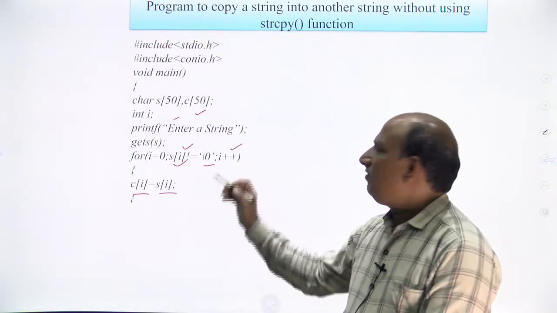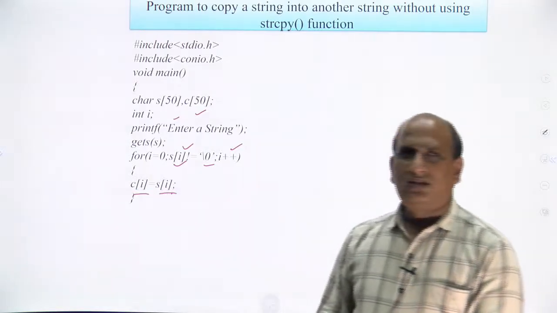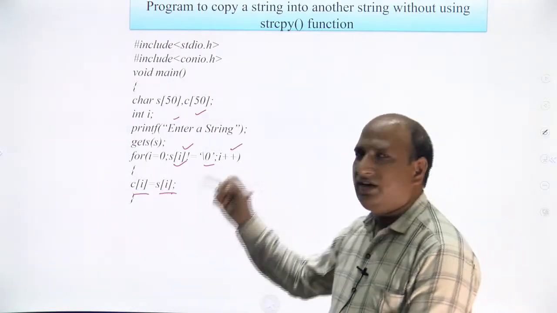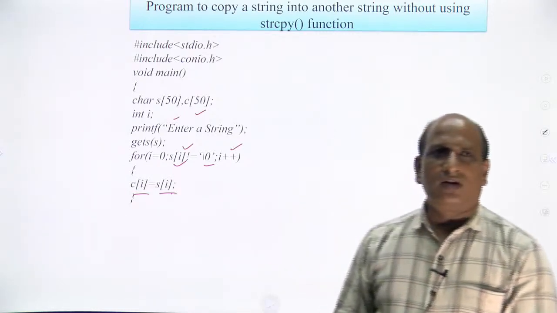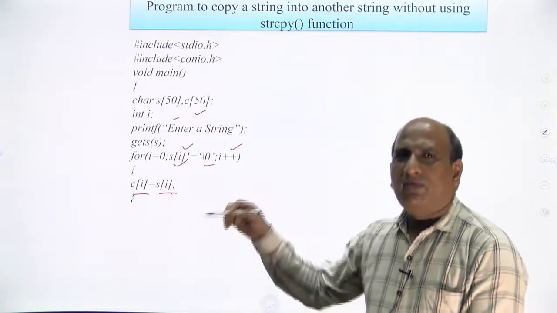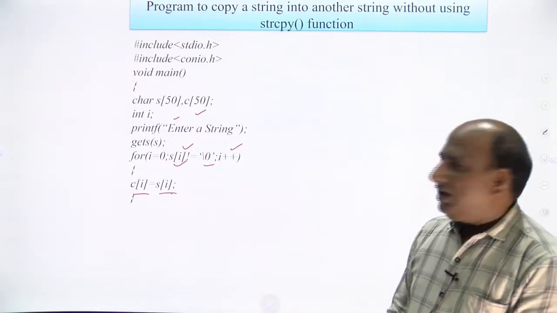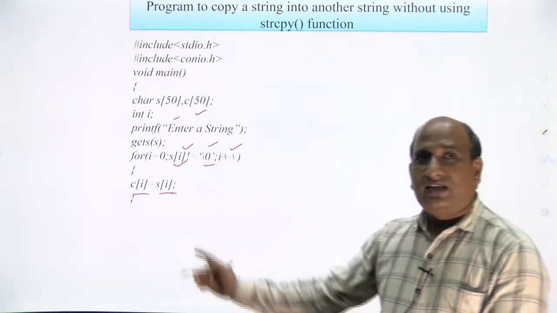After that i will become 1, and s[1] will be copied to c[1]. Now i will be incremented to 2, s[2] will be copied to c[2], and this will keep on copying until this null character arrives.